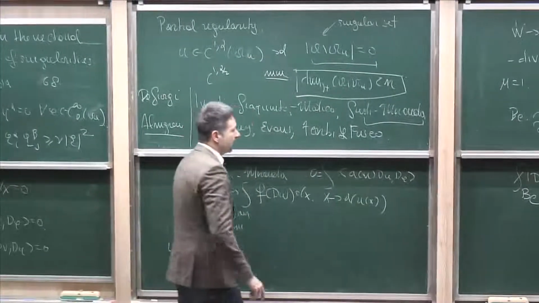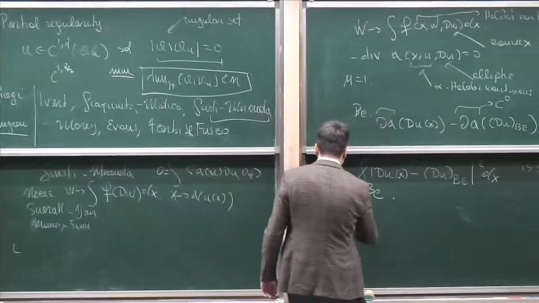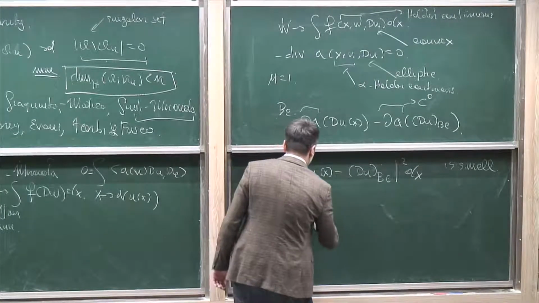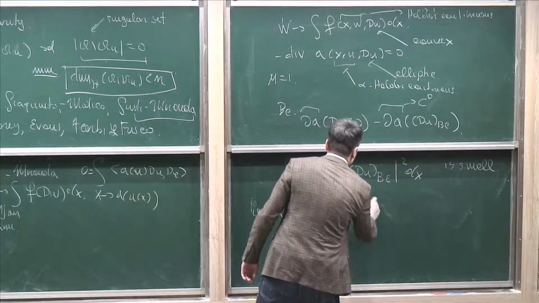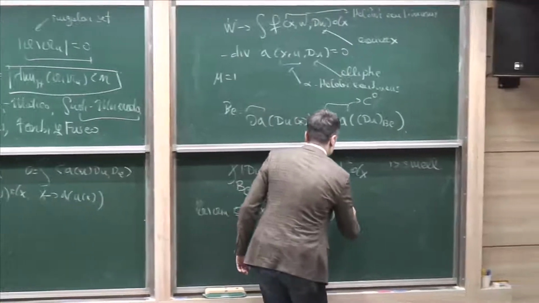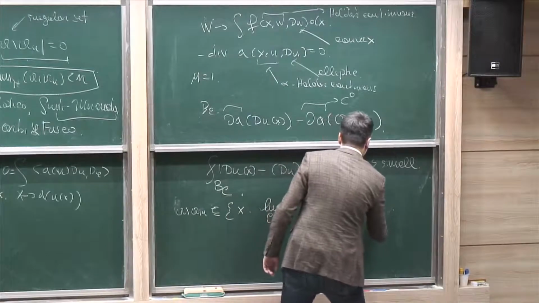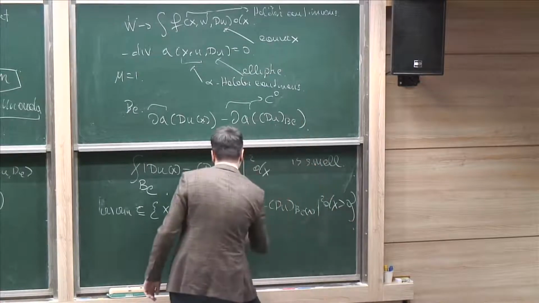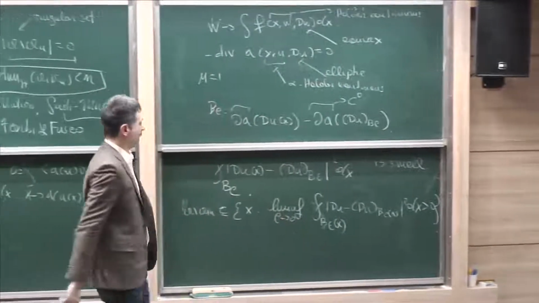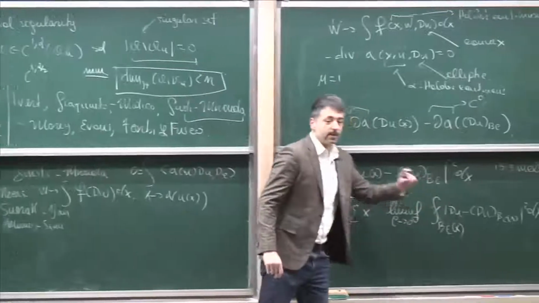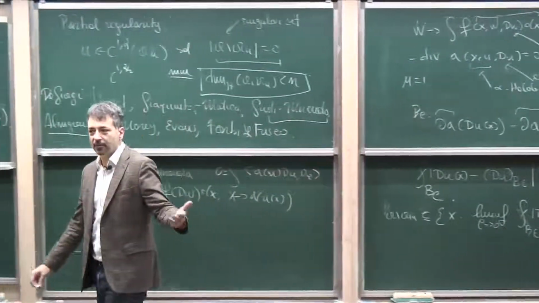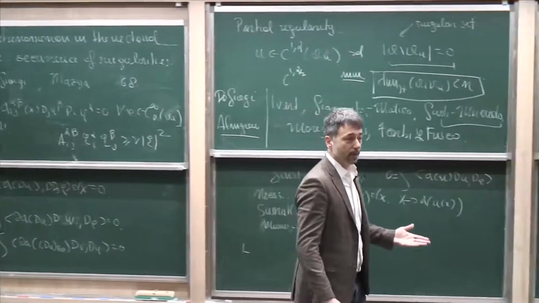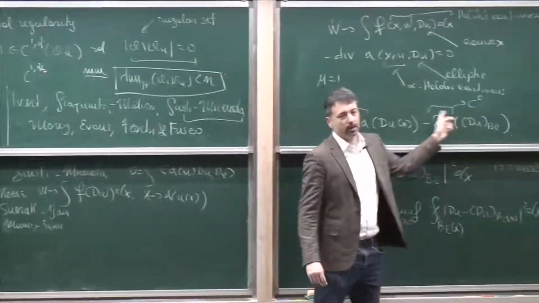In fact, I can have a description, in this case, of the so-called singular set, and this is included in the set of points such that the limit of this object is larger than 0. I know that this set is a 0 set because by Lebesgue's theory, almost every point is a Lebesgue point, and therefore that's where partial regularity is coming from.